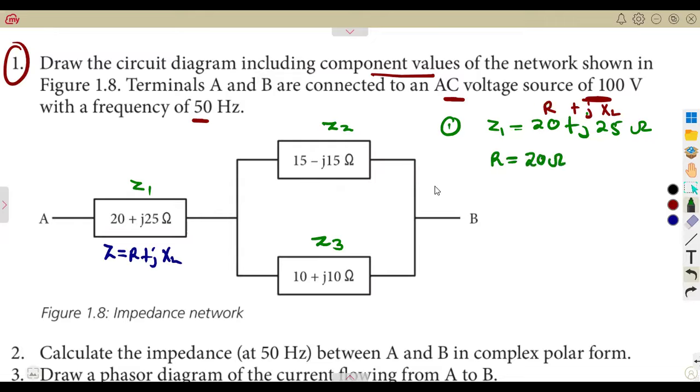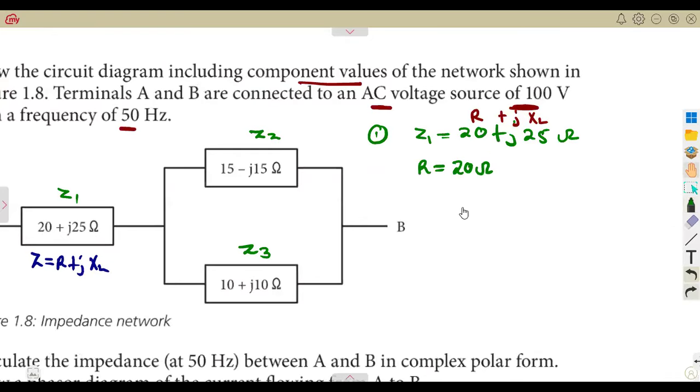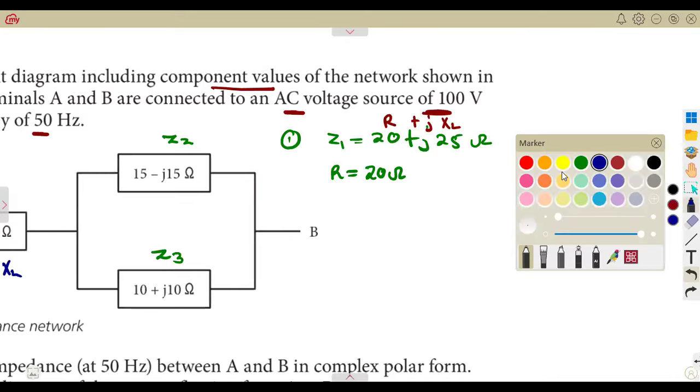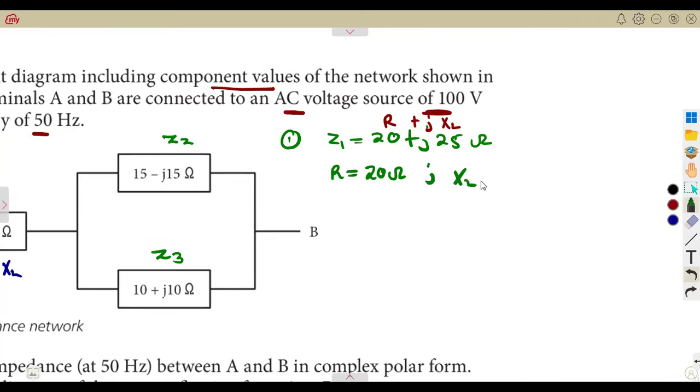The component there is a resistor. Which other component? Inductor, XL, reactance. From this, we also have XL, the reactance, which is 25 ohms.